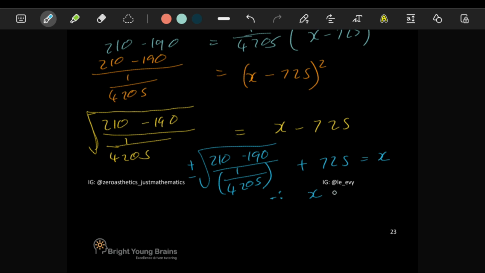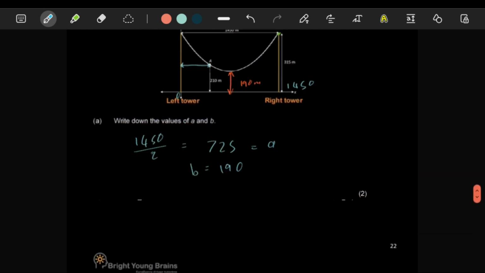Here, getting 1015, or x is equal to 434. Obviously, we're going to pick the one that's closer to the left.